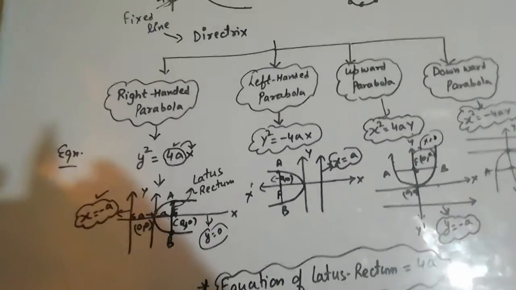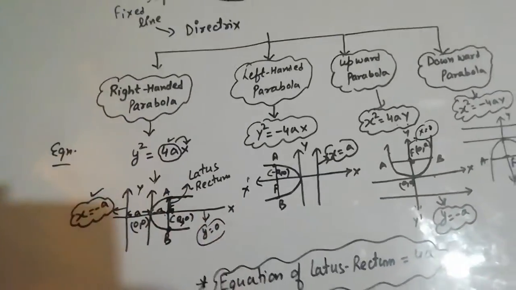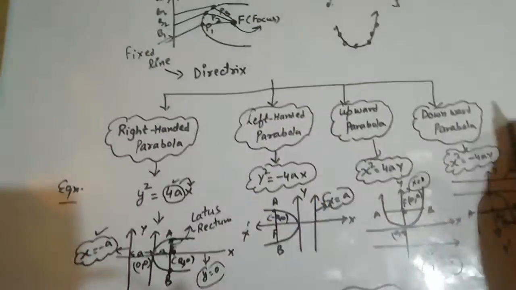Now let me explain one by one how to solve a question related to your parabola. Here I am considering a question from your exercise only. Let me consider one question. So see here, the question is you have to find the focus, axis of parabola, equation of directrix and length of latus rectum for the given equation of a parabola.